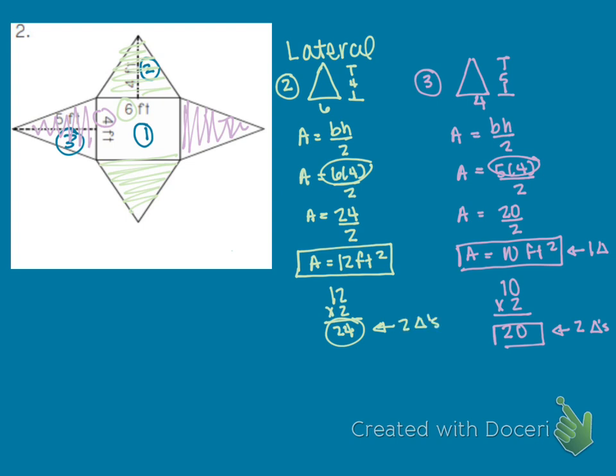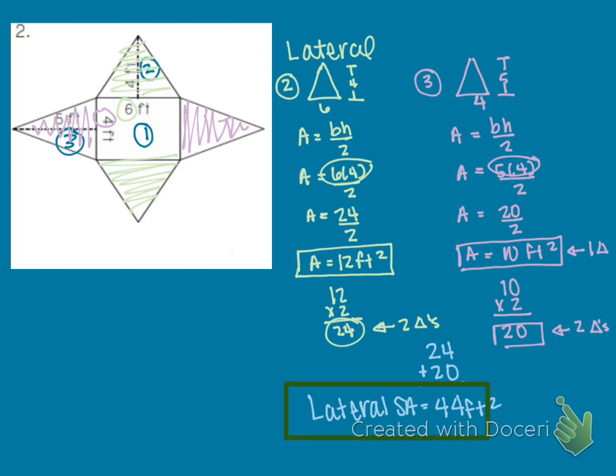So lateral surface area is now adding those 2 numbers together. So 24 plus 20 gives you a lateral. I should have scooted that over. Lateral surface area equals 44 feet squared.